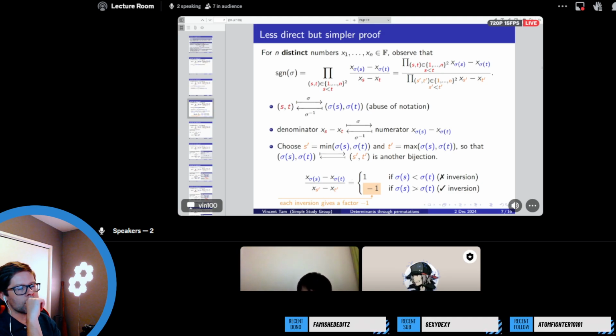Otherwise it would be -1. That would represent the case when an inversion occurs.